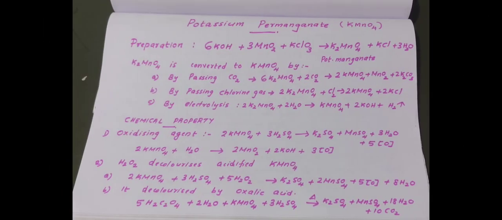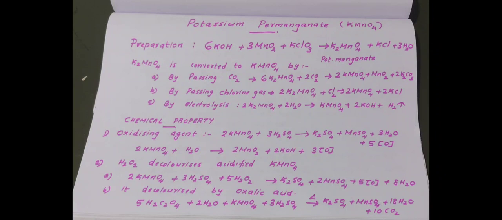Next we are going to discuss the preparation of potassium permanganate. Potassium permanganate is prepared by reacting potassium hydroxide with manganese dioxide in presence of potassium chloride. We get potassium manganate plus potassium chloride and water.